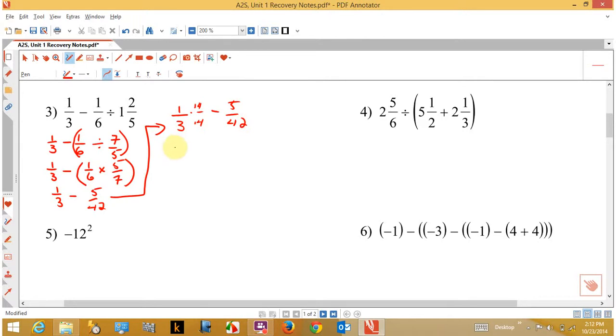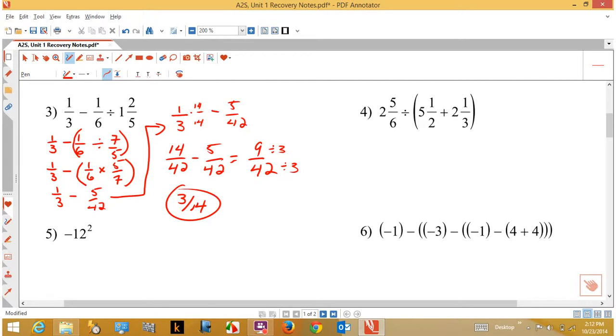So that would be 14 all over 42 minus 5 over 42. That would be 9 all over 42. Now that can be reduced because a 3 will divide into both 9 and 42. So we can take the numerator divided by 3 and the denominator by 3. And I would get 3 all over 14.